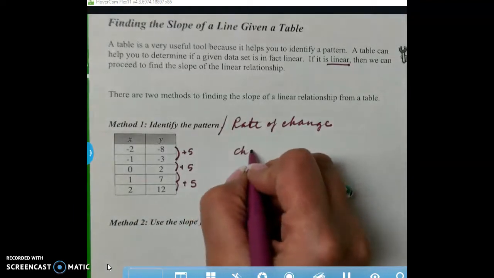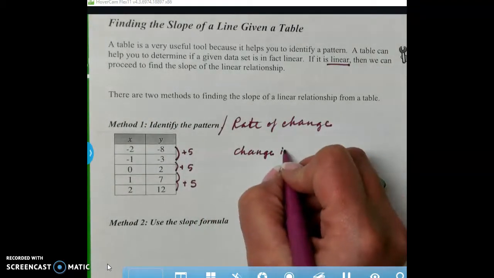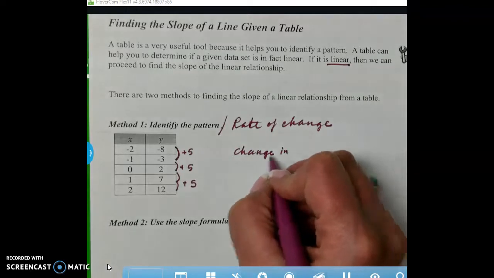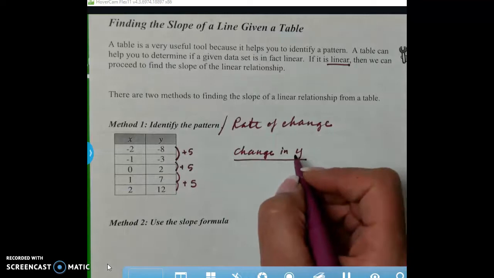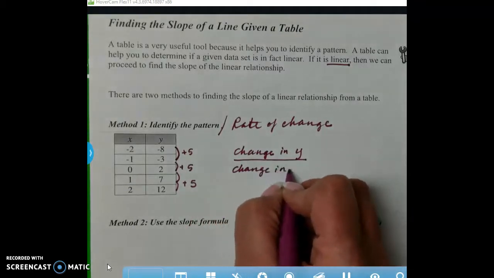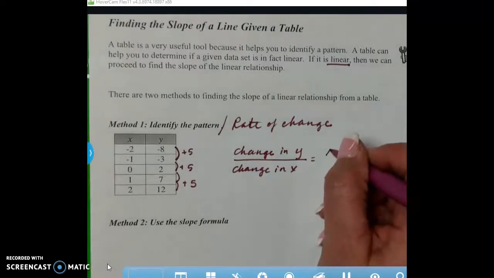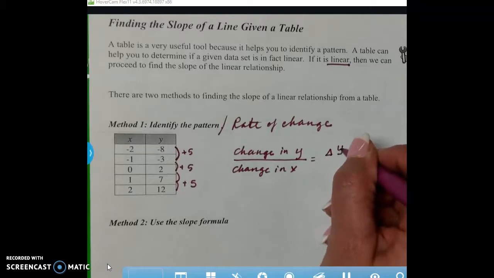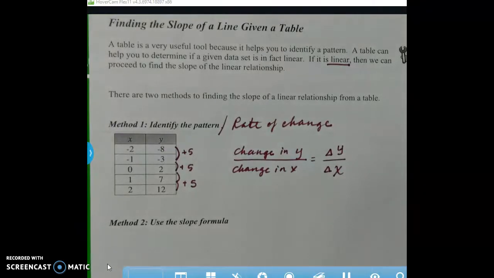So we're literally analyzing our table in this particular relationship. Change in Y compared to change in X. Sometimes you will see these look like a triangle. It is the Greek letter delta that represents the change.